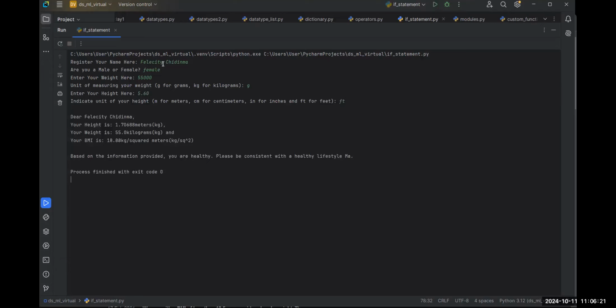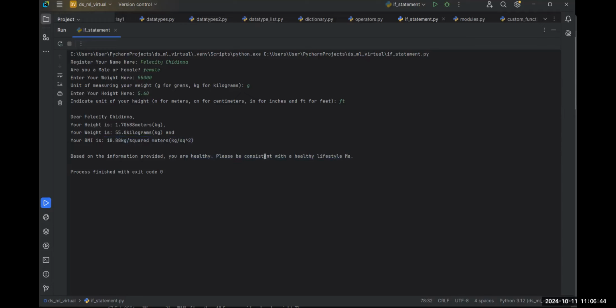Now it's saying, dear Felicity Chidima, your height is this, your weight is this, your BMI is this, you are healthy, please. So just a little above 18.65, and then it's saying you are healthy.